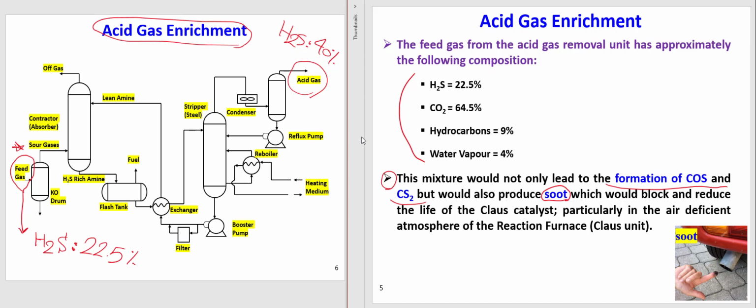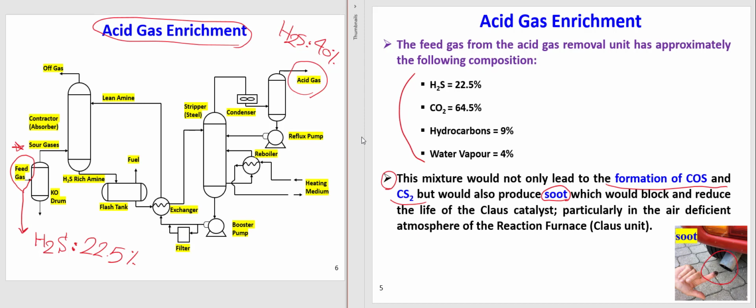Like if you look at your car exhaust, if the engine is not working properly, if you touch the exhaust pipe, you can see some black solid particles attached to it. That is soot. That is burned carbon.